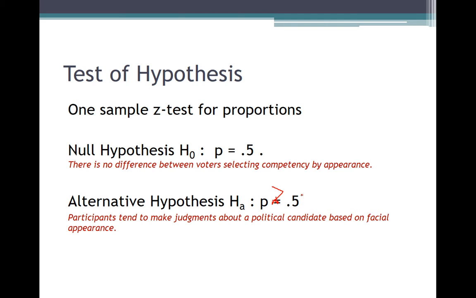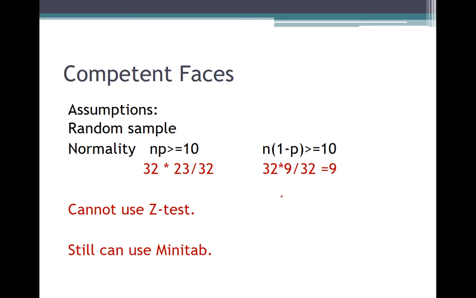People tend to make judgments about a candidate based on facial appearance. Assumptions: it's random, I guess. Normality: 32 times 23 over 32 is 23. 32 times 9 over 32 is 9.